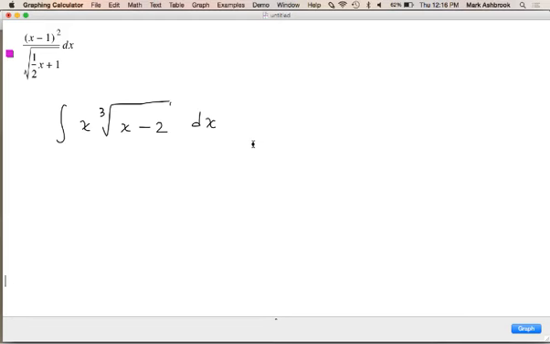Everyone answer that, and then evaluate this one, not the altered one. So what small change could you make so you could do undoing the chain rule? But then evaluate this one that I'm giving you.